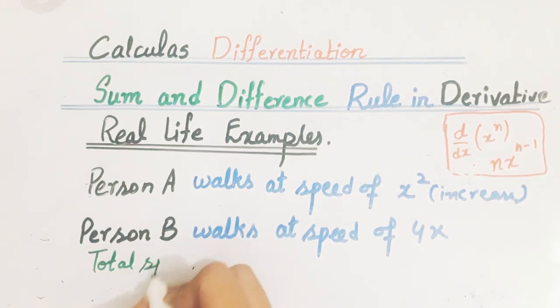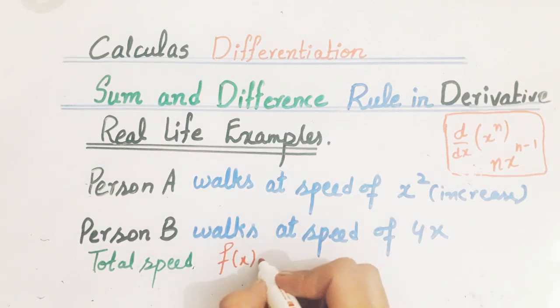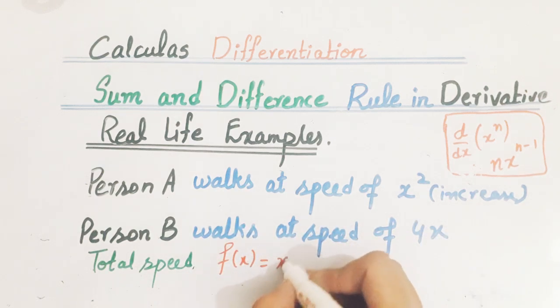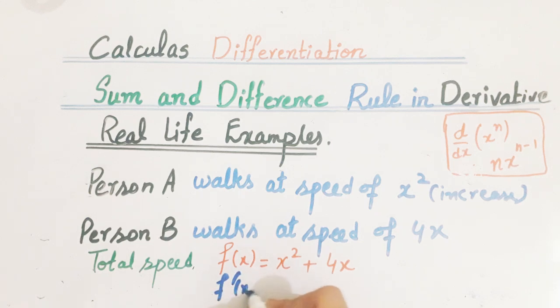Now the total speed, we will write total speed, will be equal to f of x, that is x square plus 4x. Then to find the change in this, f dash of x will be equal to, differentiate this, 2x plus 4.